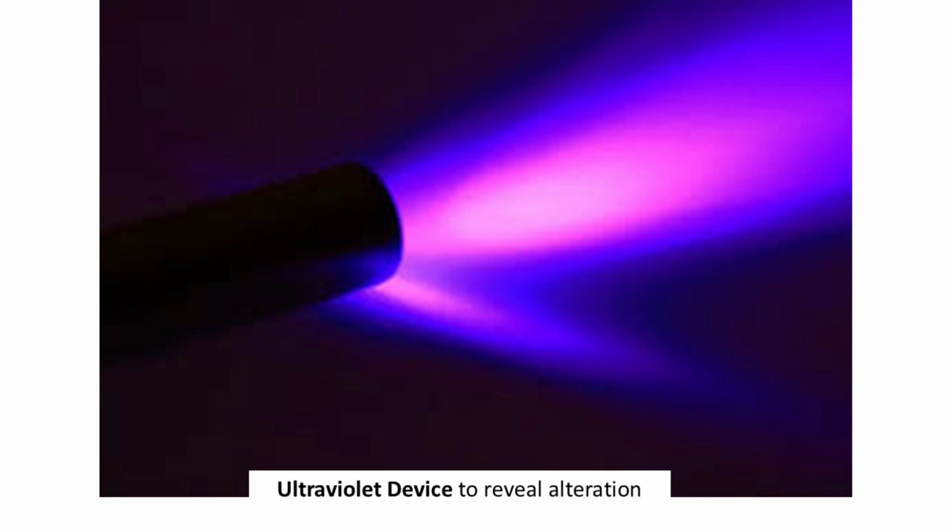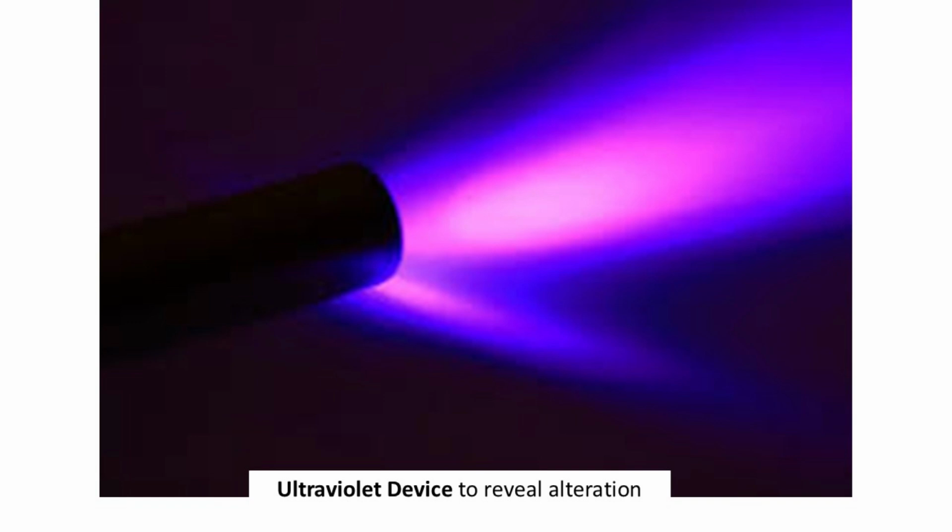When we visualize it, it will make it visible to the naked eyes, and that will enable us to know that something had happened to the document. So if you are able to visualize an indented impression on a disputed document, then that one is a red flag to forgery.